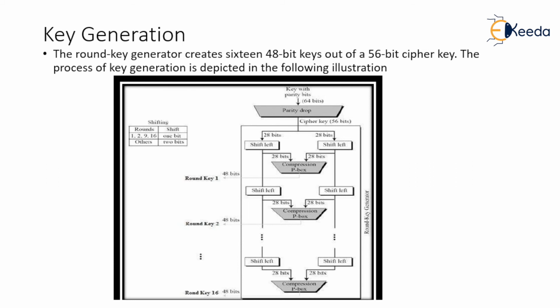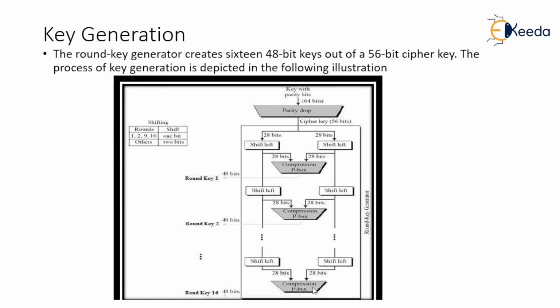Then the next key, required for the next round, is generated using another shift operation and compression operation, and till the 16th round the new keys are generated by the same functionality of the compression P box.